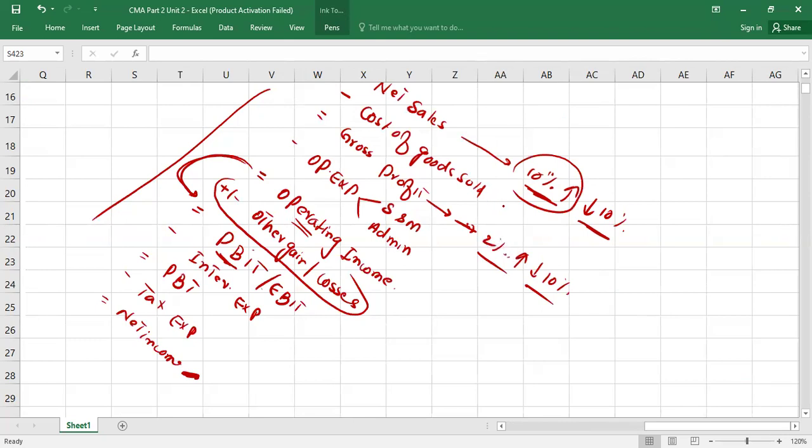Maybe the problem is with the cost of goods sold, right? Maybe your cost of goods sold is higher, due to which your gross profit is lower. The ideal situation, as I have already told you, is that if sales move by any X percentage, gross profit should also move in the same direction by almost the same percentage. This is the analysis, and that is why we are trying to do it.